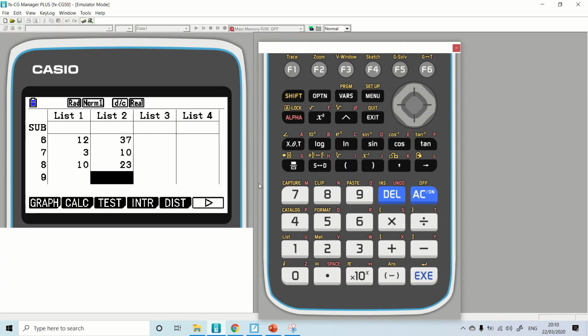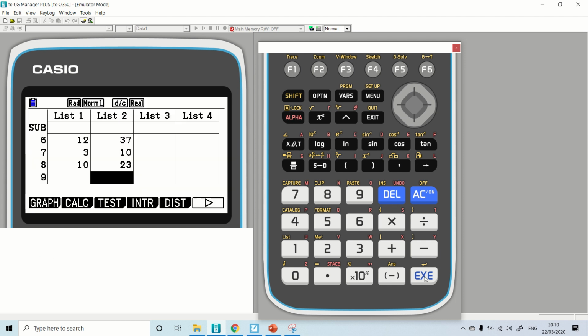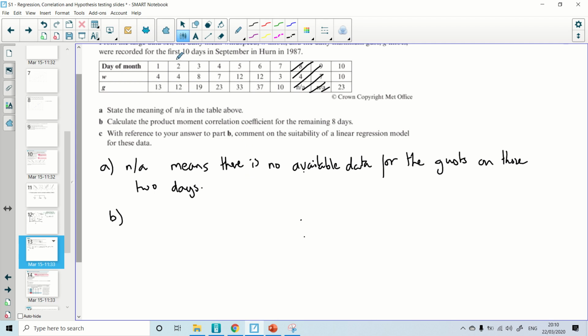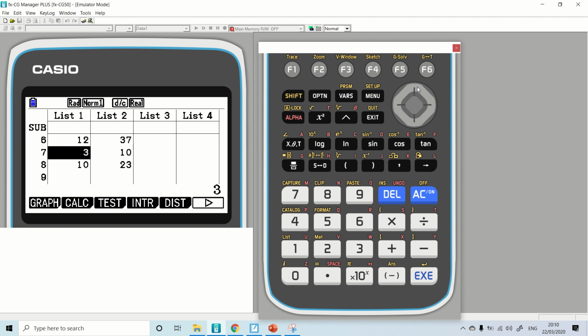So what you need to do is you need to go to your calculator, and if you start on menu, you need to go to statistics, and then in list 1 you need to put the data for the W, which is the mean wind speed, into list 1.